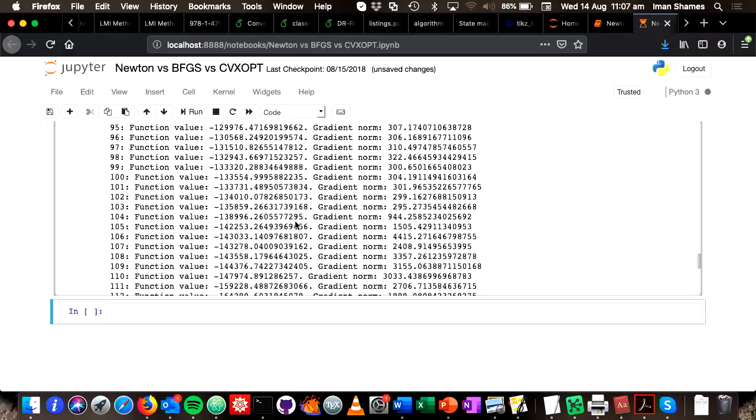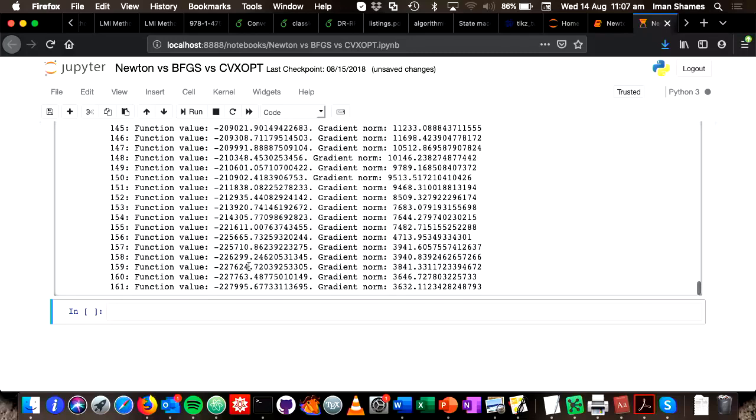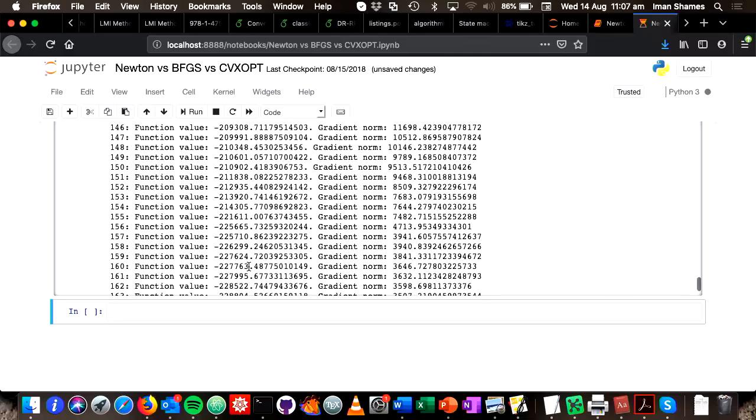Which is, again, we never stated anything about the norm of the gradient for the quasi-Newton methods. And it has generated, I don't know, 160 iterations in the time that it took the Newton method to generate, I don't know, 5 iterations probably.